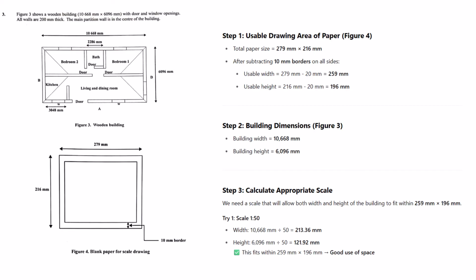They figured if they used a 1:50 scale, dividing the real measurements by 50, the biggest dimension would become about 214 millimeters on paper, which fits nicely. The other dimension shrinks proportionally too, and also fits. You generally want the largest scale possible that still fits everything on the sheet without it being too cluttered, so you can read the details. So it's about fitting the big picture while still seeing the important little things. Makes perfect sense. Exactly right. Understanding the scale is key to correctly reading any technical drawing.